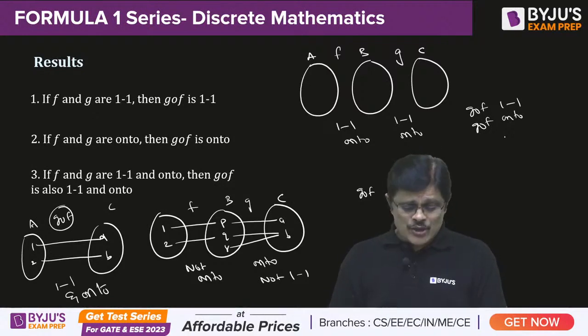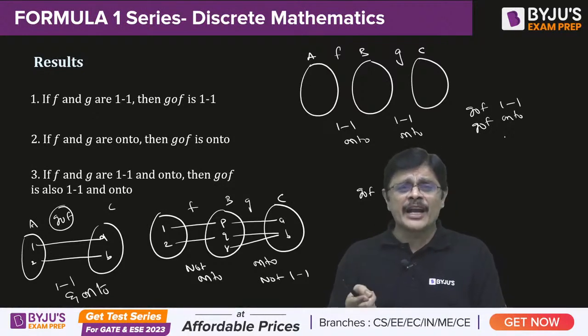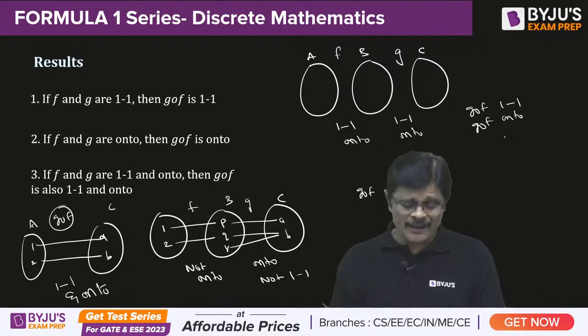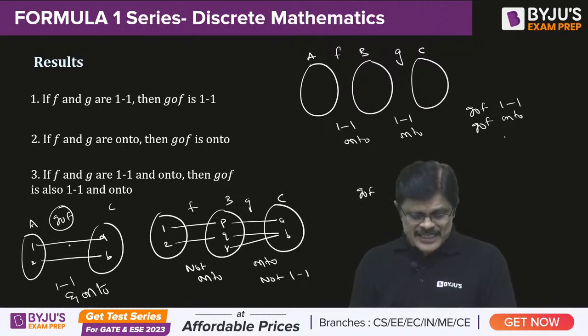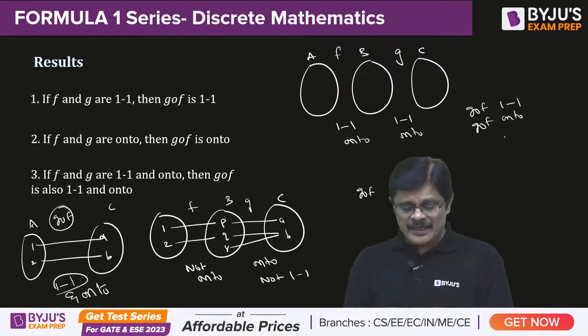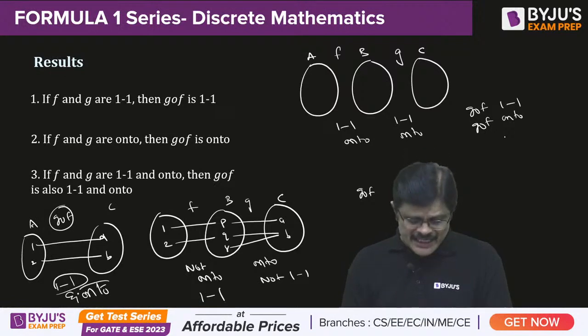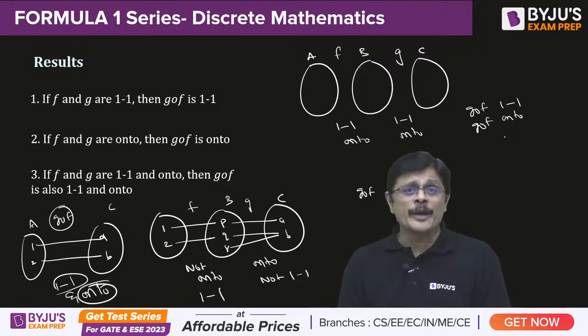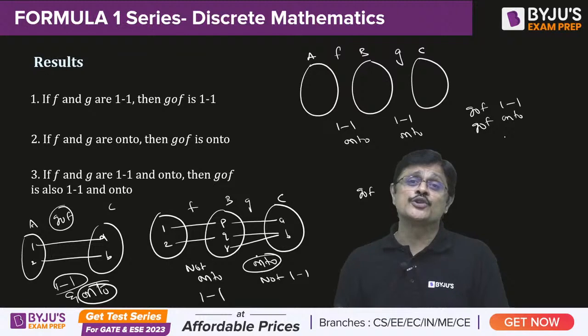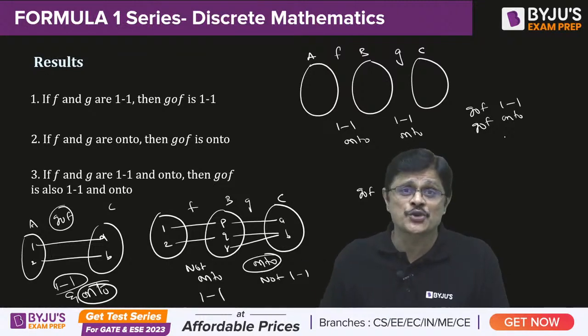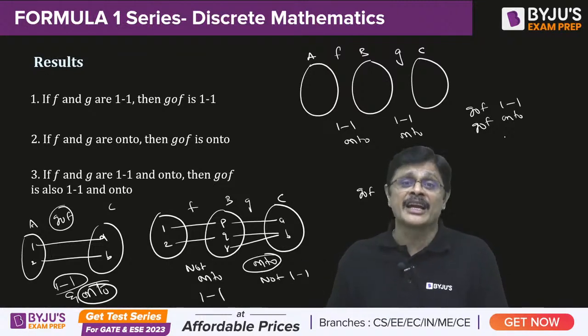So if G circle F is 1-1 and onto, we can't say F is 1-1 and onto and G is 1-1 and onto. But what is interesting is, if G circle F is 1-1, G may not be 1-1, but definitely F will be 1-1. If G circle F is onto, F may not be onto, but G will definitely be onto. So the partial converse result is true. That is very important, my dear friends, from the GATE point of view.